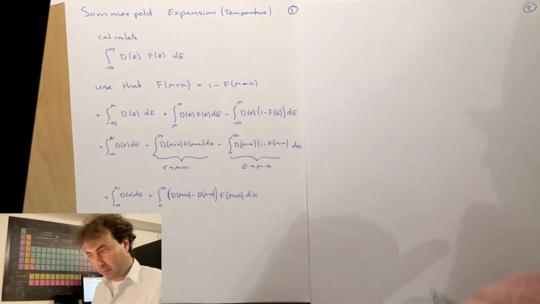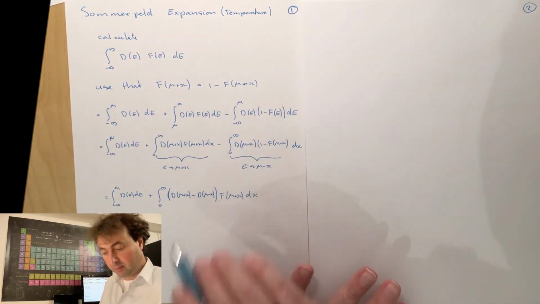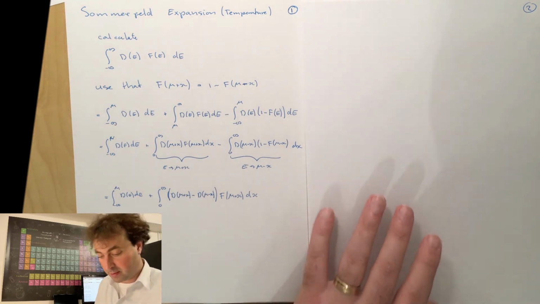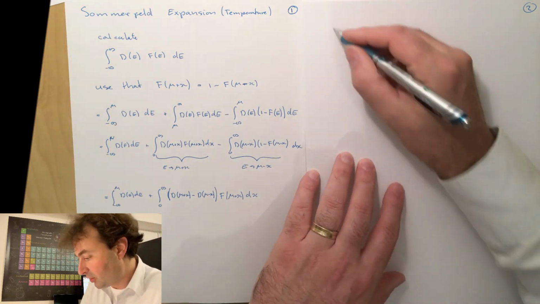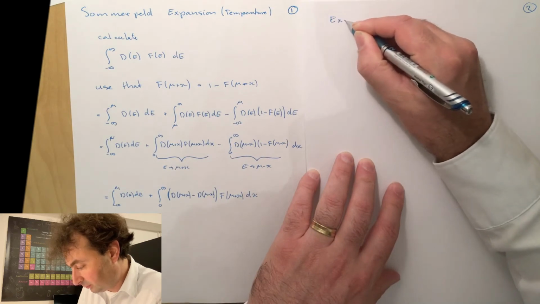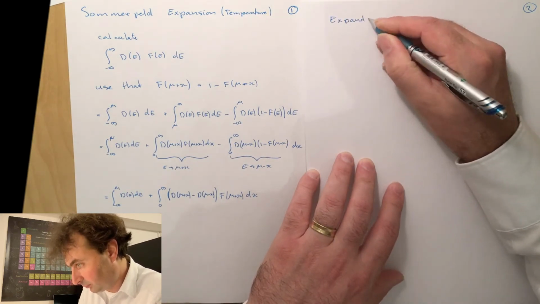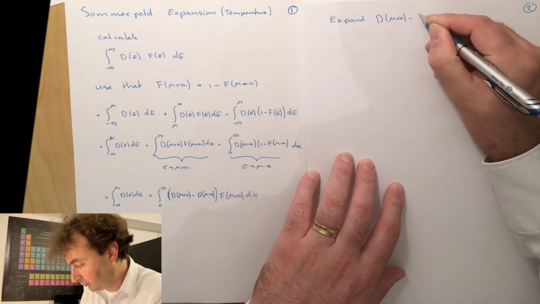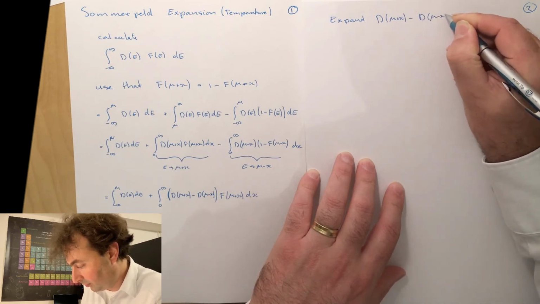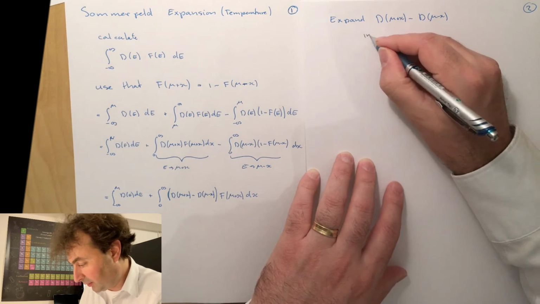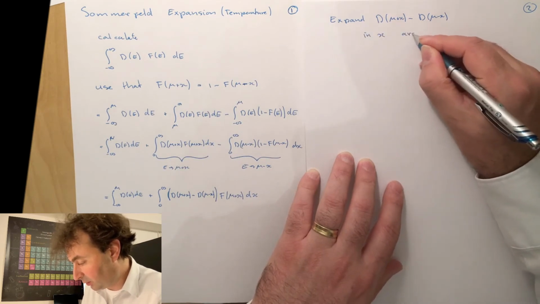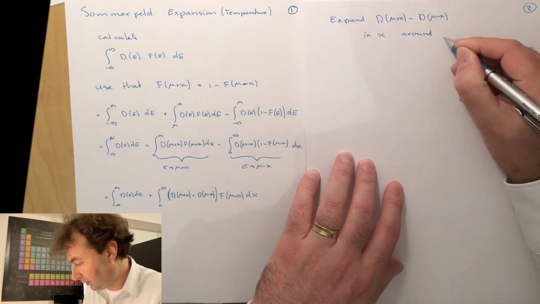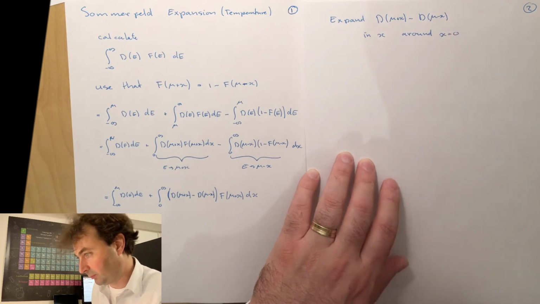As a next step, we're going to expand the densities of states around the Fermi energy. And we're going to expand in x around x is 0.